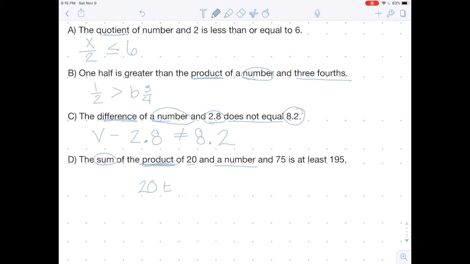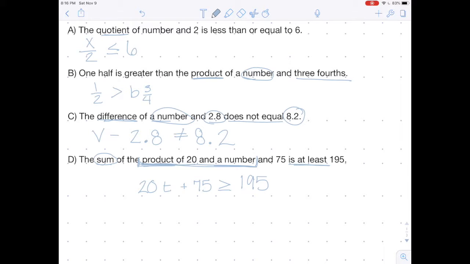The sum of the product of a number, we've already got that part, so the sum of this and 75. So the sum means we need to add 75. Is at least, so that means it's greater than or equal to 195. So all you really have to do is think about what the words are saying and just write them down in math symbols.